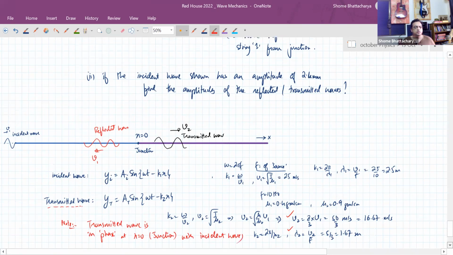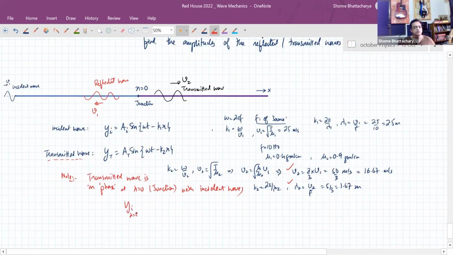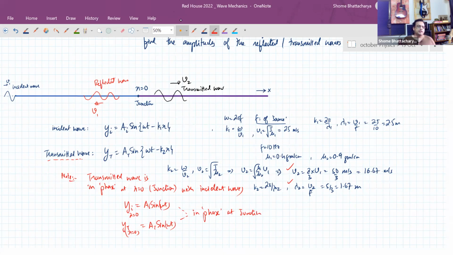You can see that y incident at x equal to 0 is sine omega t, and y transmitted at the junction point is some transmitted amplitude times sine omega t. So they are in phase at the junction. That's why there's no additional phase term over there. Just write down up to here.